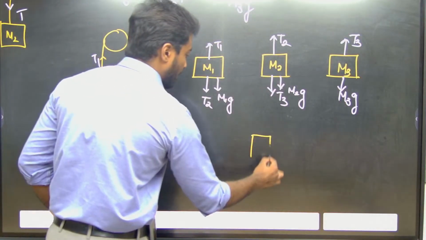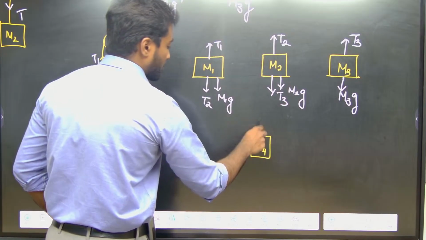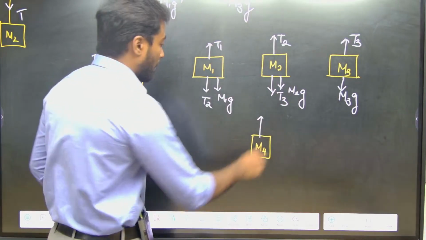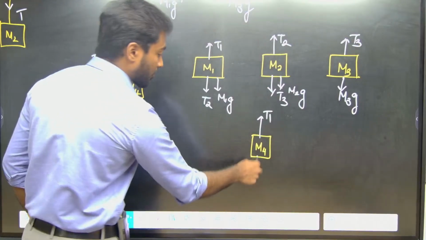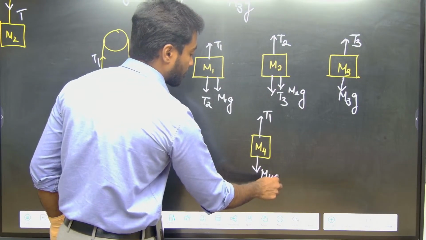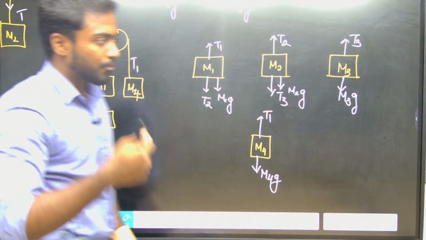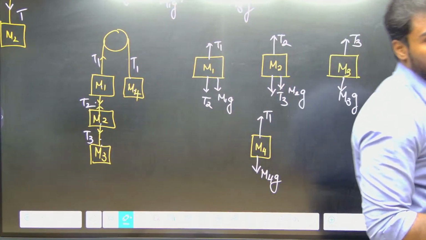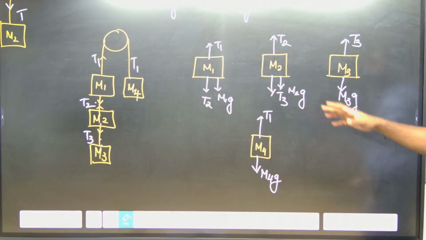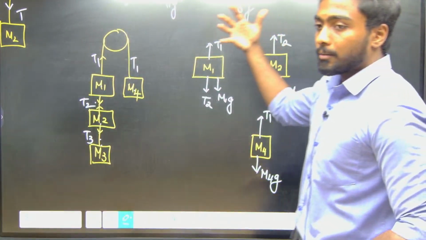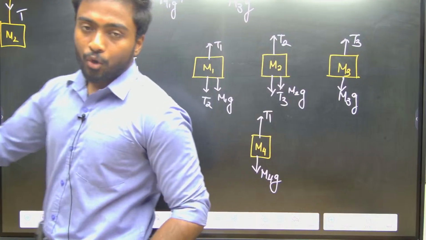So M4, if I consider, this is T1, and this is my M4G. That's it. So this is how we will draw the free body diagram for the different blocks for different cases. T1 is a tension, and then the normal and the weight.